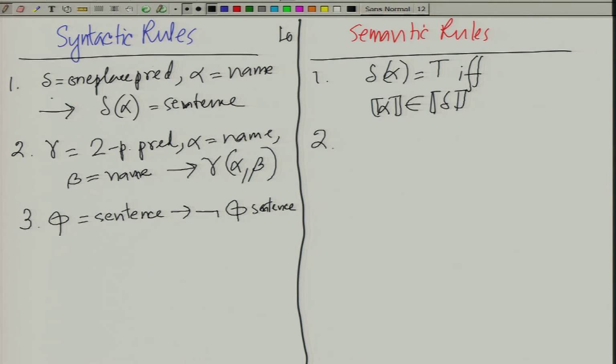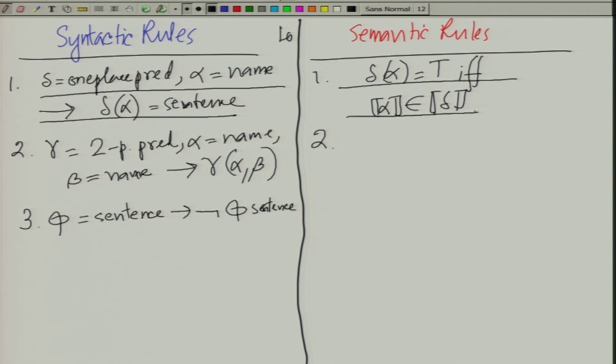So, here you talk about the construction rule for delta alpha, and here you talk about the truth of the construction delta alpha. And here you have, if gamma is a two-place predicate and alpha and beta are names, then gamma takes alpha beta, that construction, that is gamma takes alpha beta.